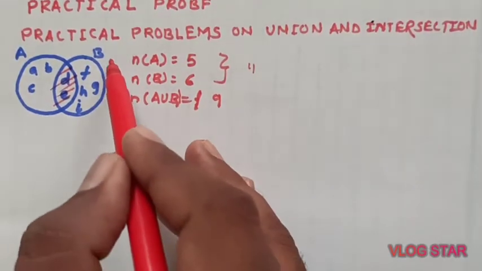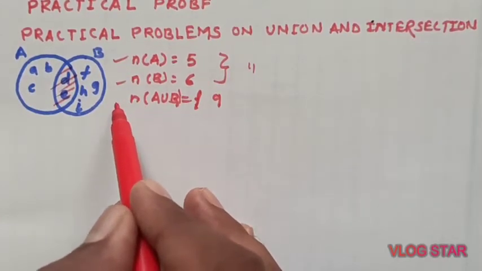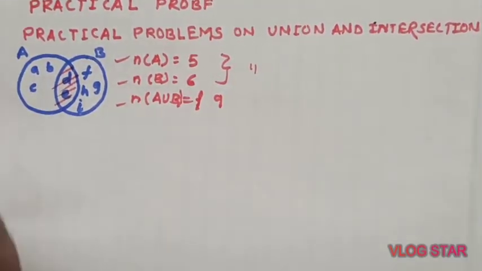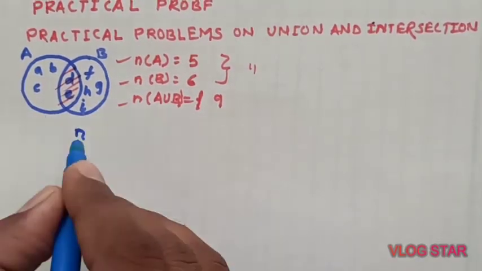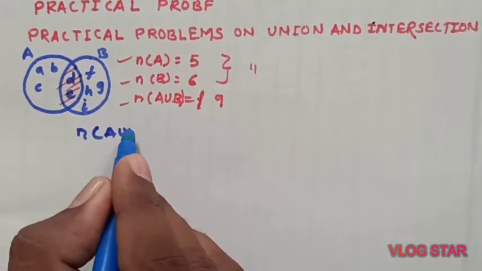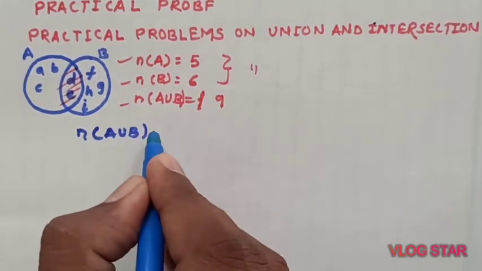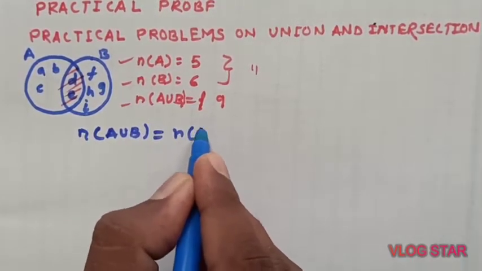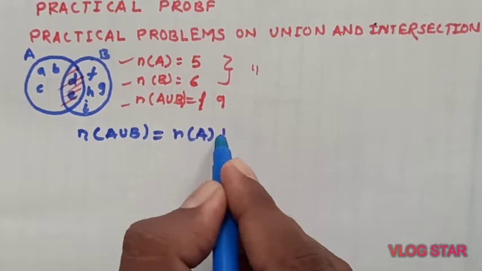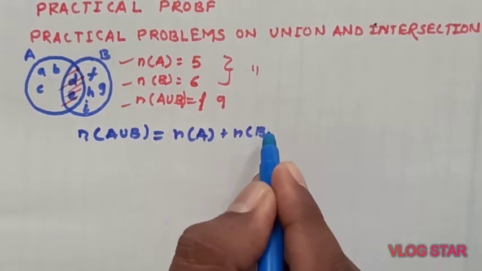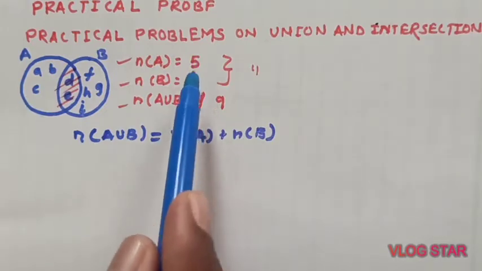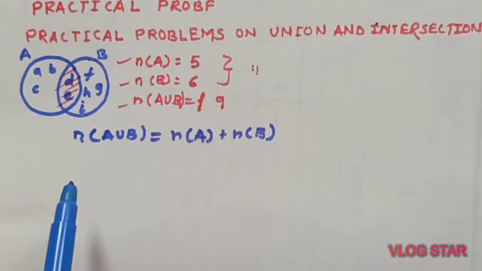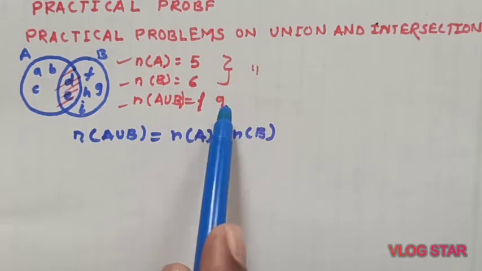I want to put a relation between these three things. What is the number of elements in A union B? I will take the number of elements from A plus the number of elements from B. But that is not the right thing, because A contains 5, B contains 6, total becomes 11, and the actual union contains 9.